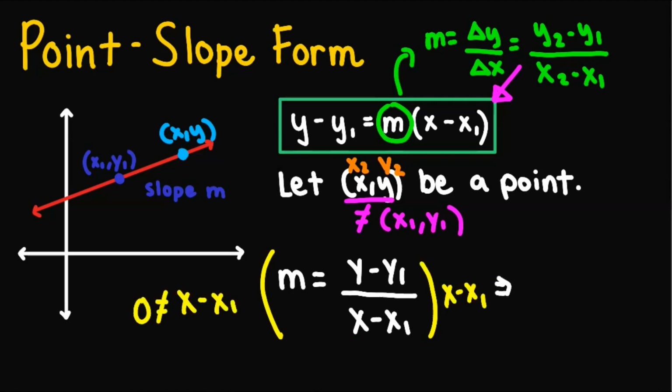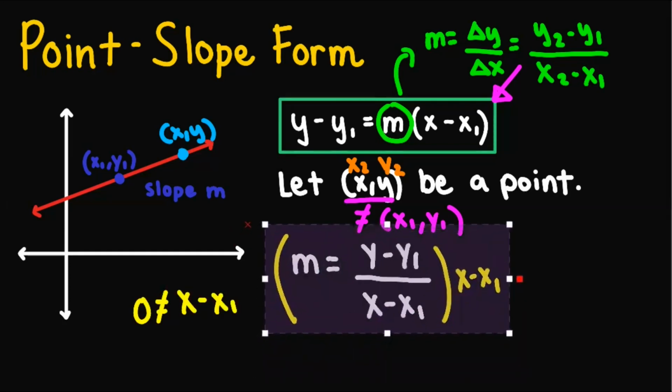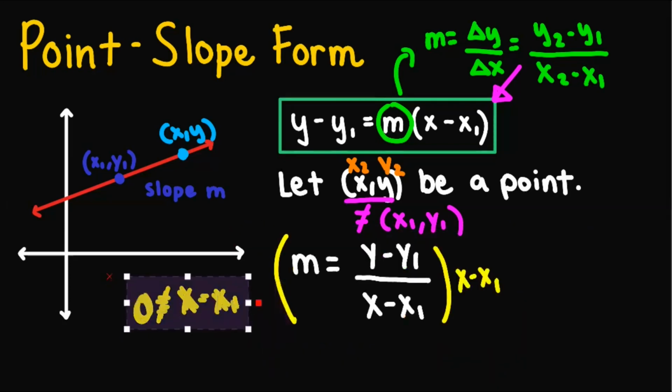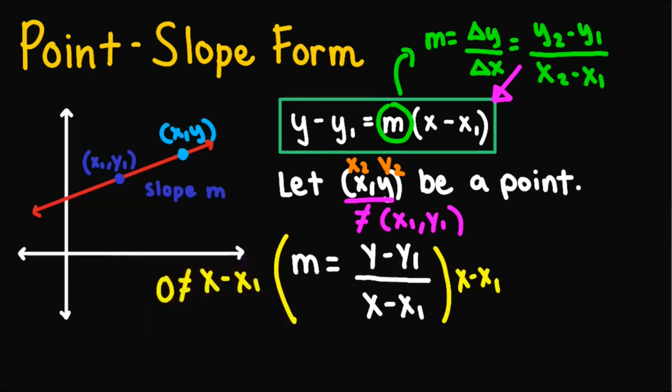Therefore, we'll obtain y minus y sub 1 equals m times x minus x sub 1.